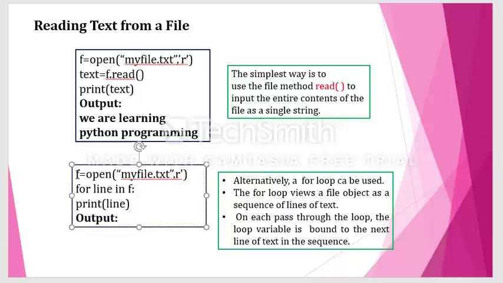Simply, the first statement is the same: f is equal to open of myfile.txt comma r.